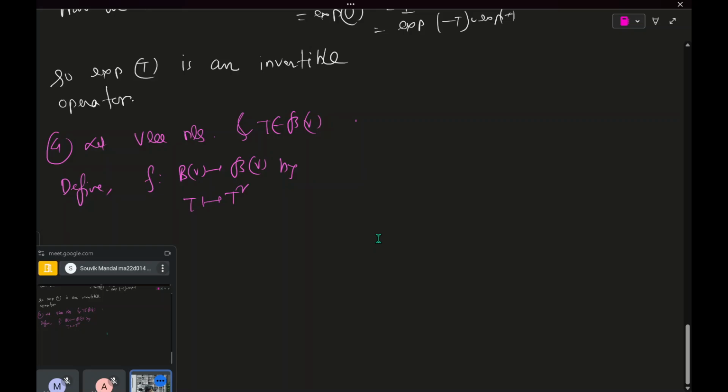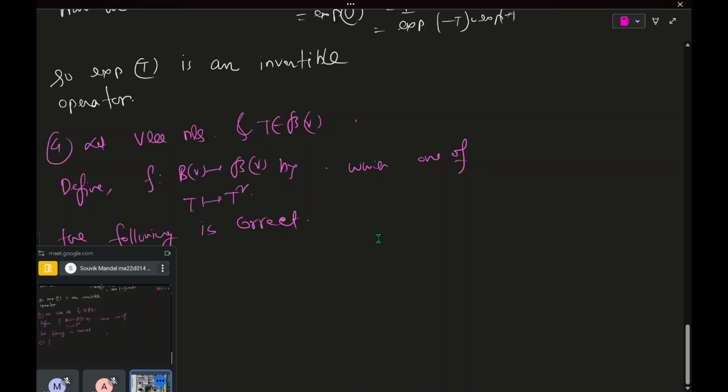Now the question is, which one of the following is correct? First one, F is not differentiable at 0.